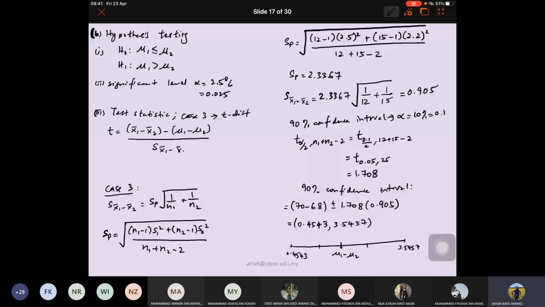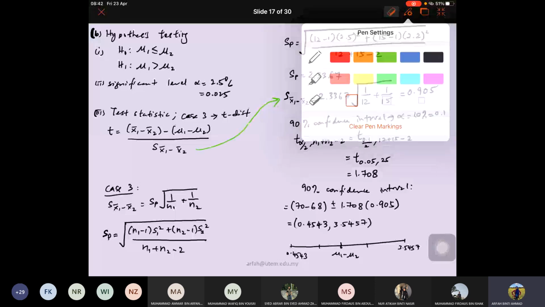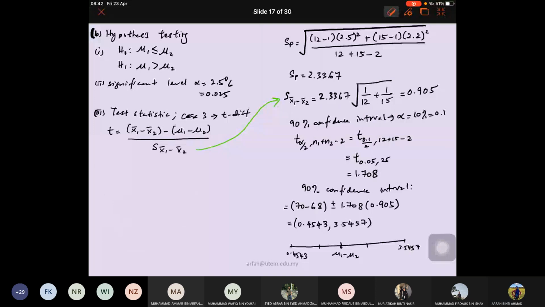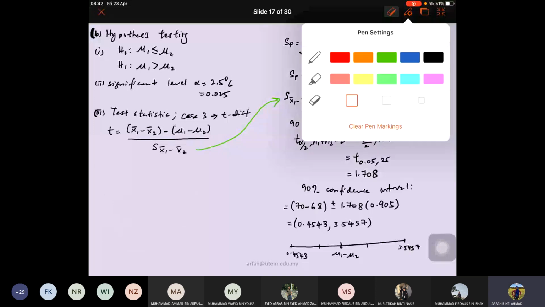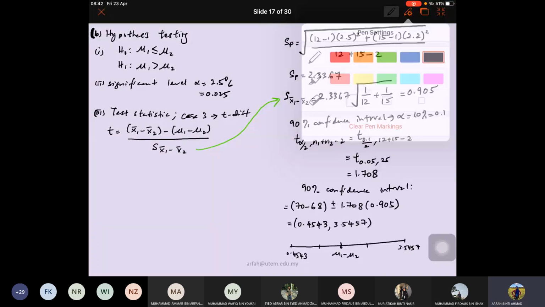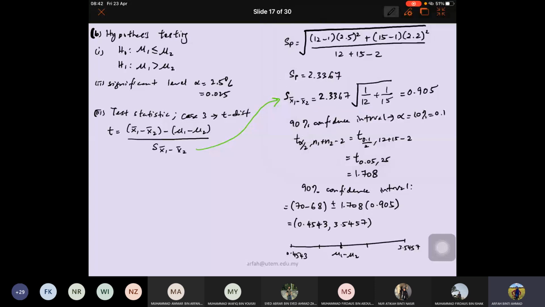So cuba kira dia punya test statistik. It will be X bar 1 berapa? 70 tolak 68 minus 0 over 0.905. So what will you have for this one?